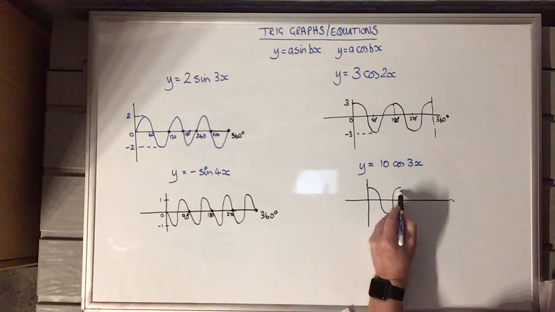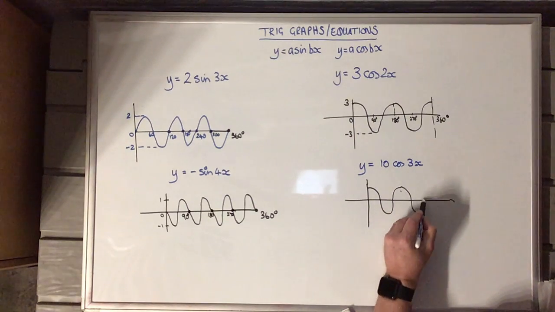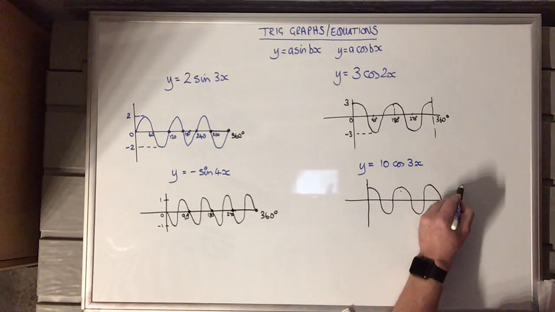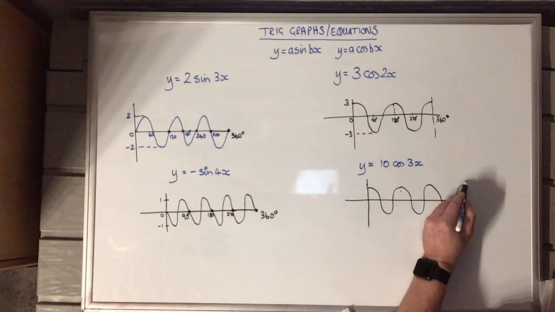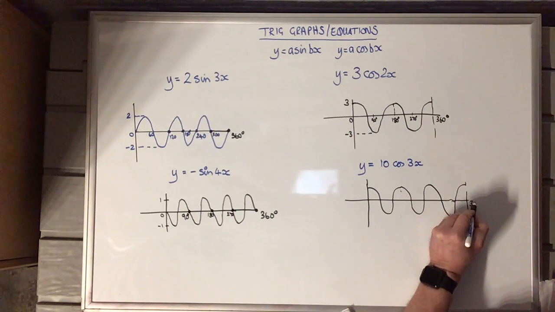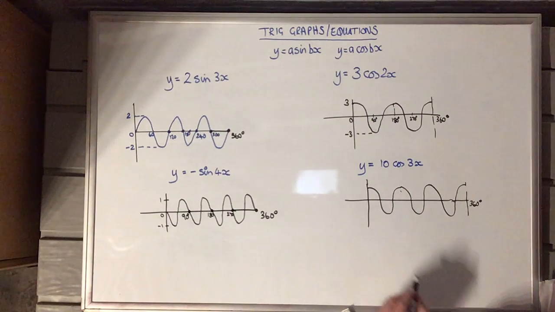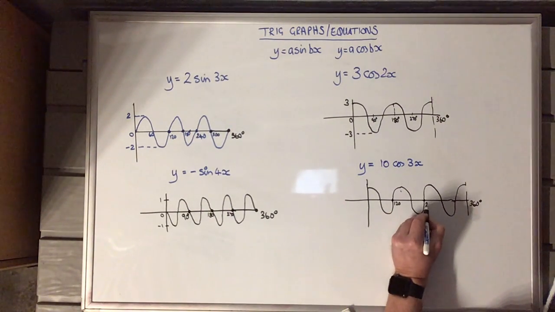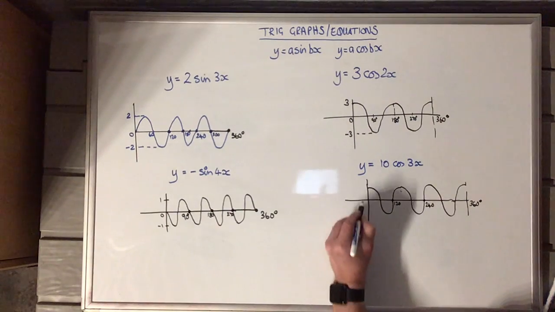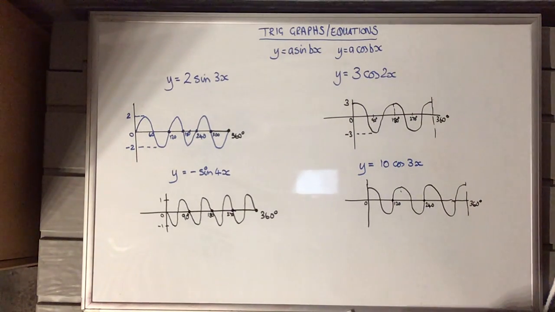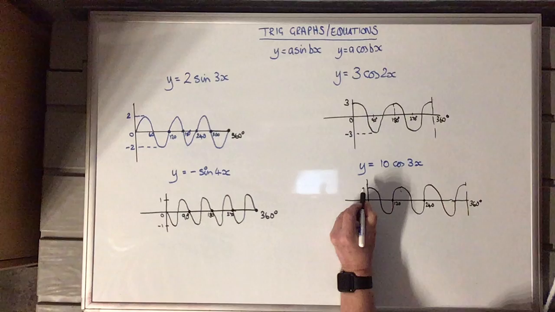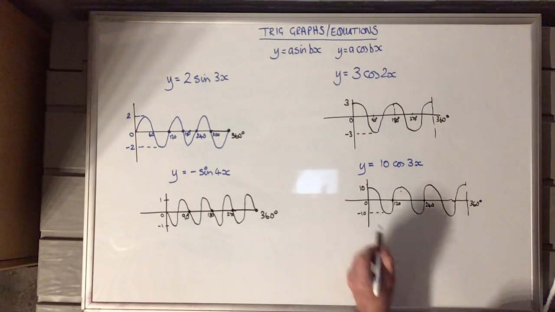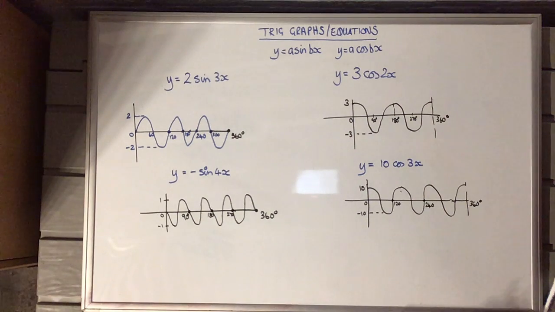That's 1 cos, 2 cosses, 3 cosses. That's 360 degrees there. So 1 cycle is 120, 2 cycles 240, and there's 0 there, and our amplitude is 10, so that's going to be 10 and minus 10. Okay, yeah, I think I've done enough of that.